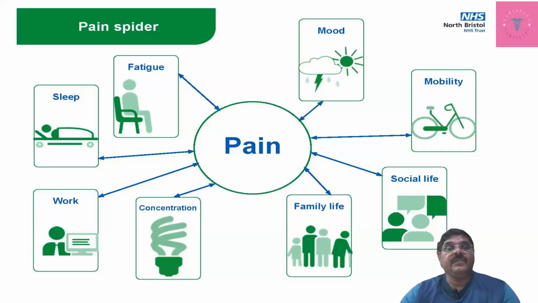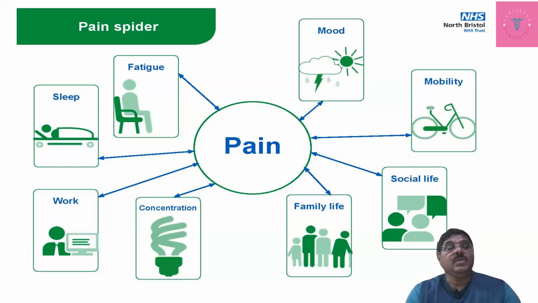So these are the different ways it affects the victim. The patient will suffer easy fatigability, and mood changes are more common, and they cannot be mobile, so mobility will be affected. They cannot spend time on social life and family life due to the pain. They cannot mingle with family and society, concentration will be affected, and their work pattern will be affected.